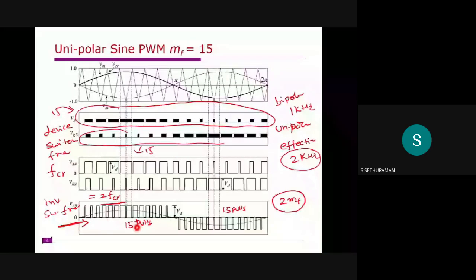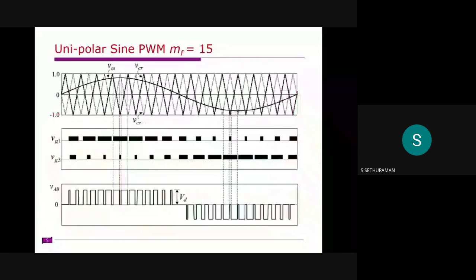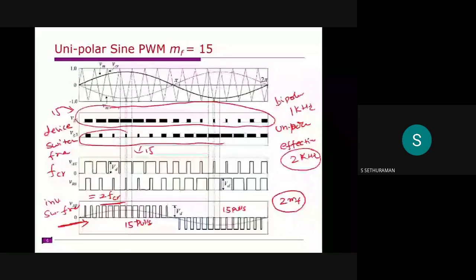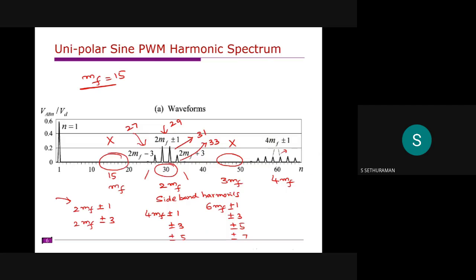See, each device operates at the carrier frequency in both unipolar and bipolar cases, but the effective inverter frequency in case of unipolar is doubled. So the inverter effectively operates at multiples of MF, which means the harmonics will start at 2MF onwards.